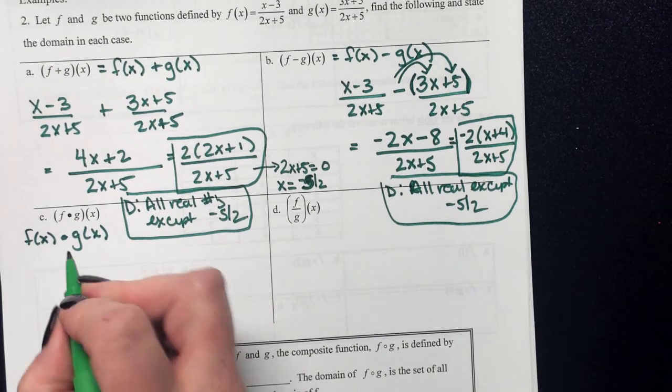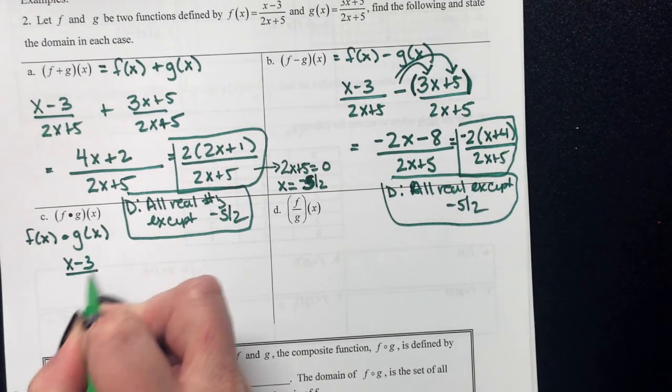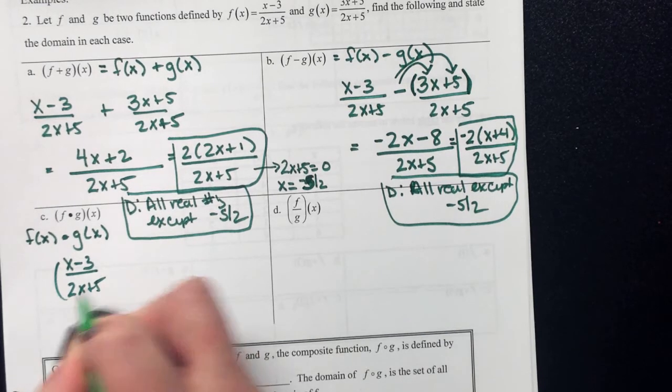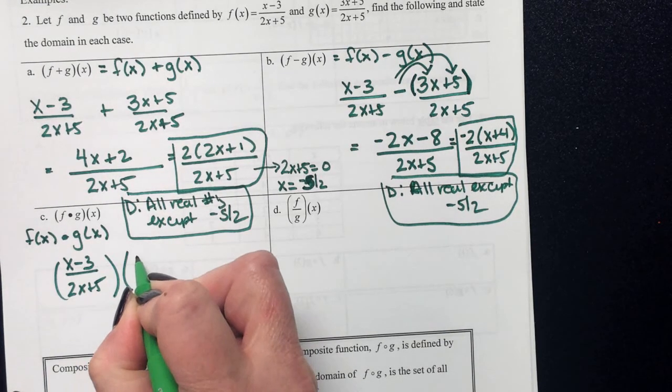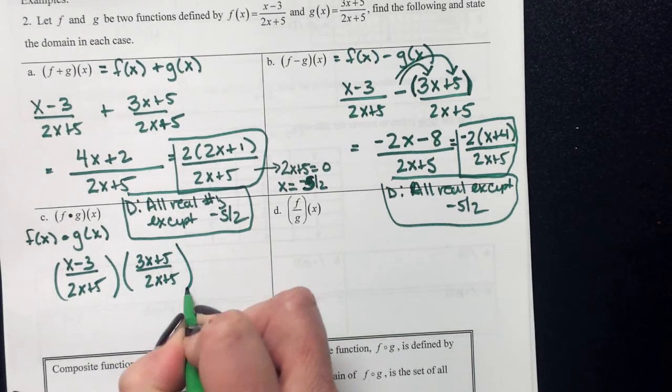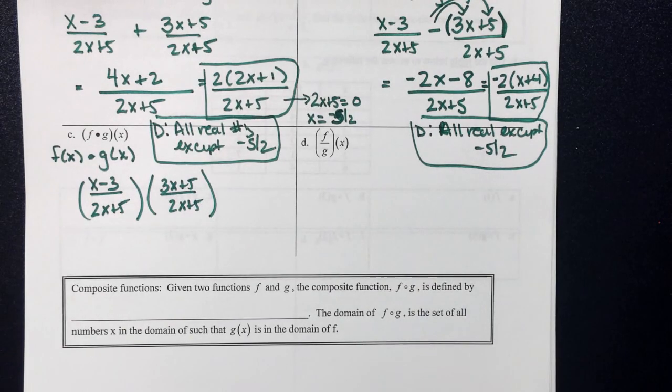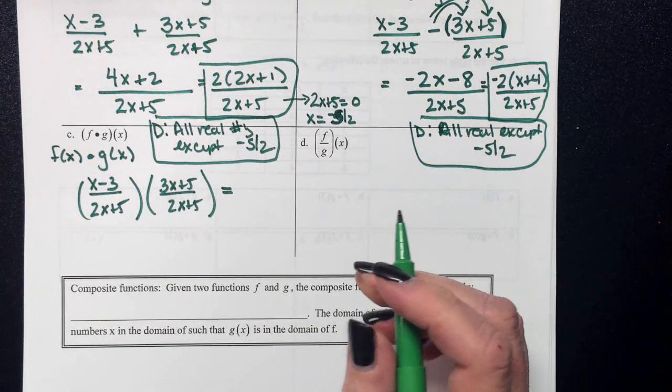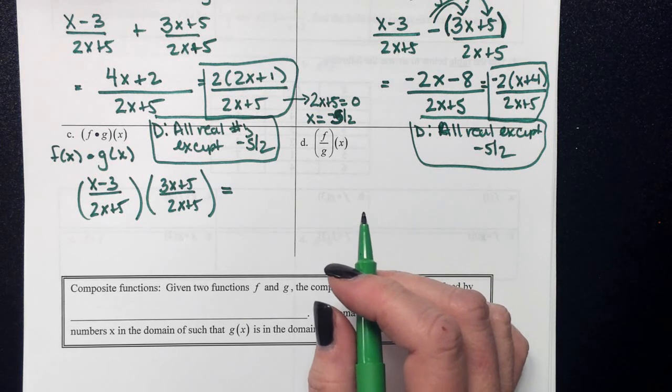So again, I'm going to take my f of x, which is x minus 3 over 2x plus 5, and I'm going to multiply it by 3x plus 5 over 2x plus 5. Remind me again, when I multiply fractions, do I have to have a common denominator? No. So again, unless you love FOILing, you don't need to FOIL out the numerators and denominators.